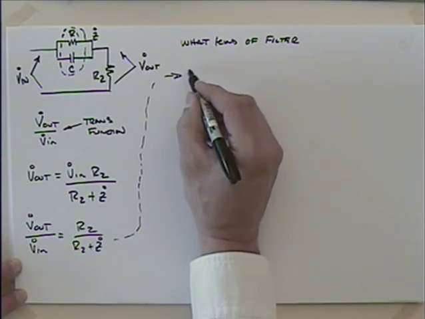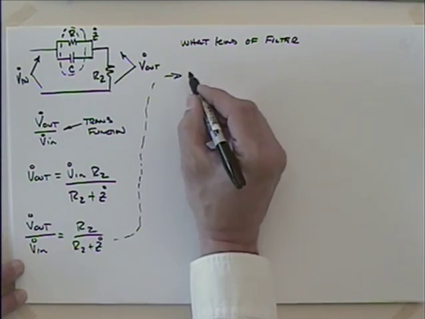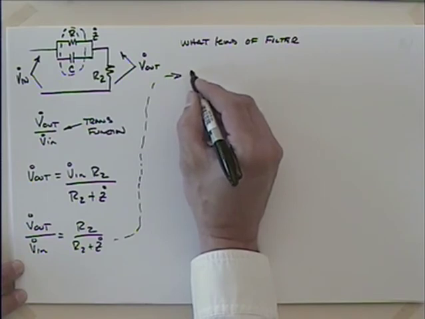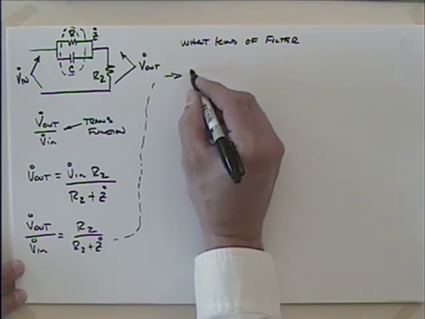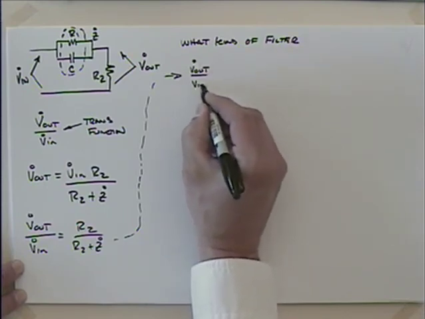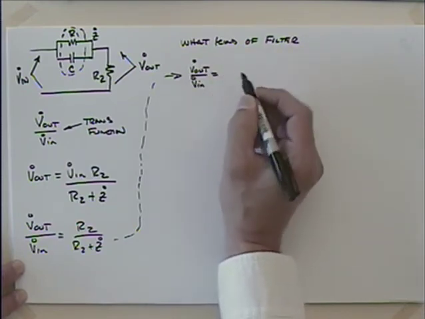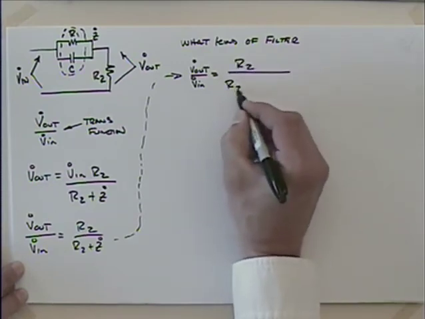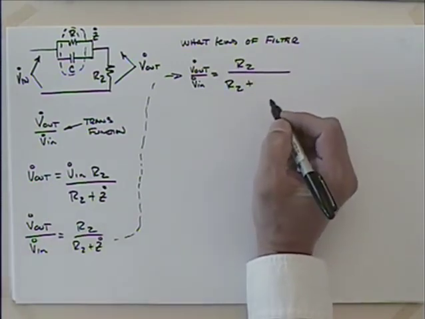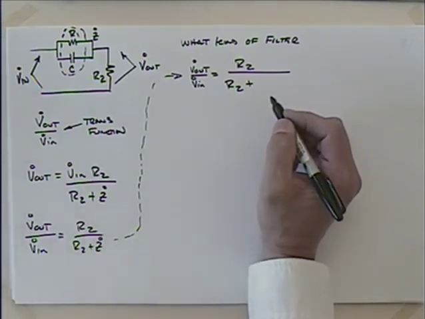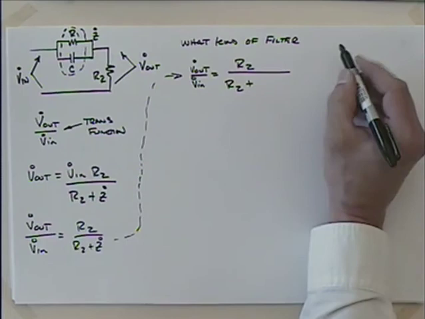So V out over V in is equal to R2 divided by R2 plus, let's see, what do we get for that? Product over sum, right?